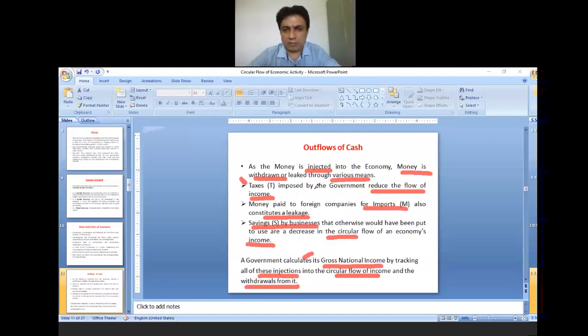Basically the government's task is to control the flow of money in the economy or in the market. This is the outflows of cash.